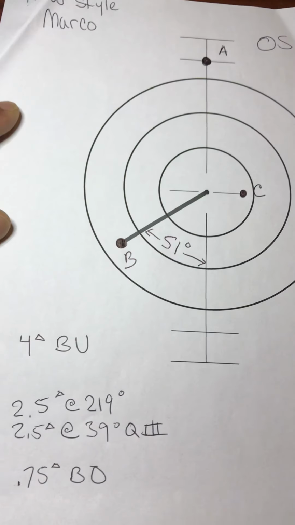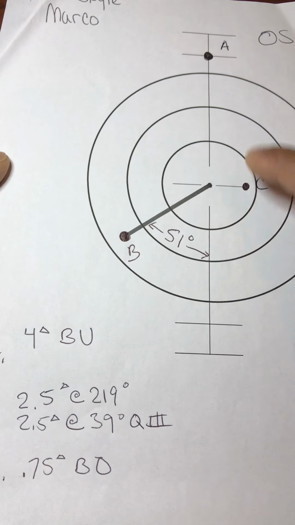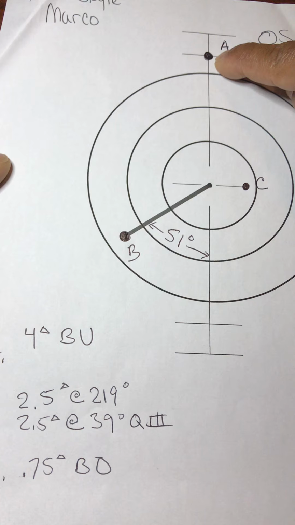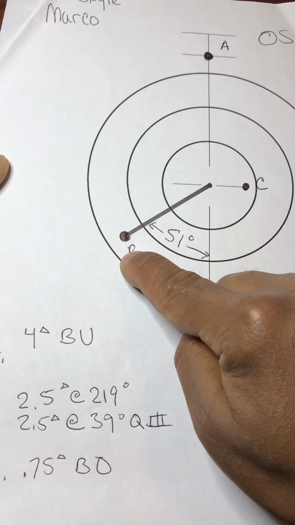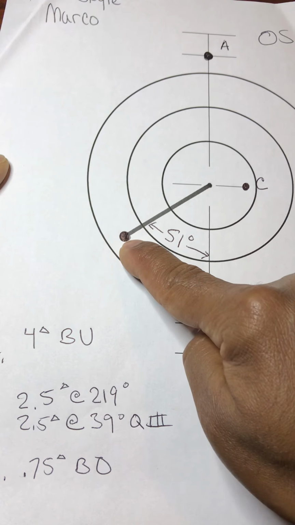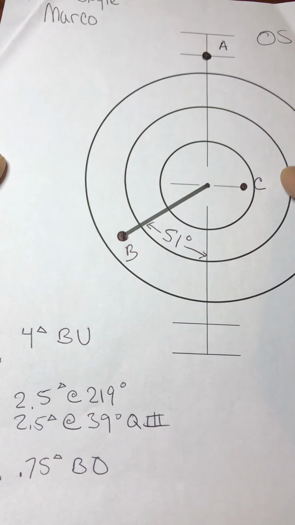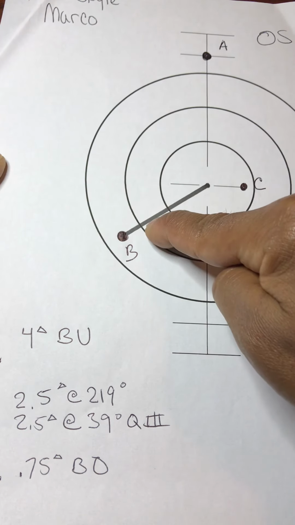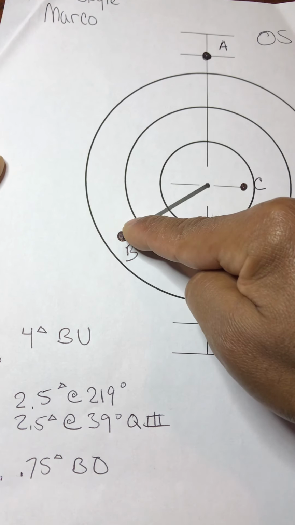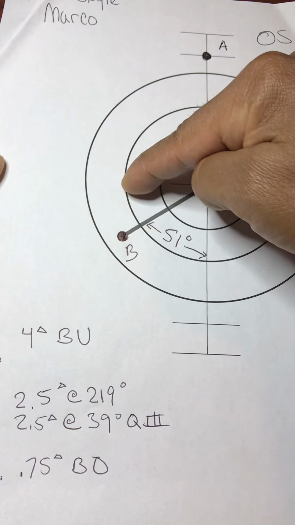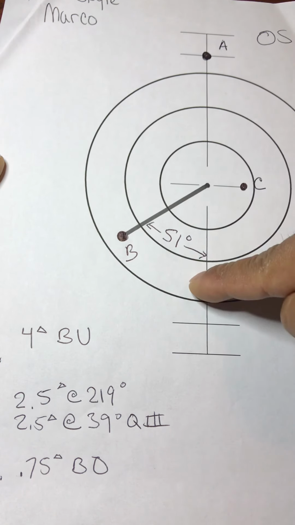So A is 4 up. B is 2.5 at 219. 51 degrees from here, and an additional 39 would give us the full 90.